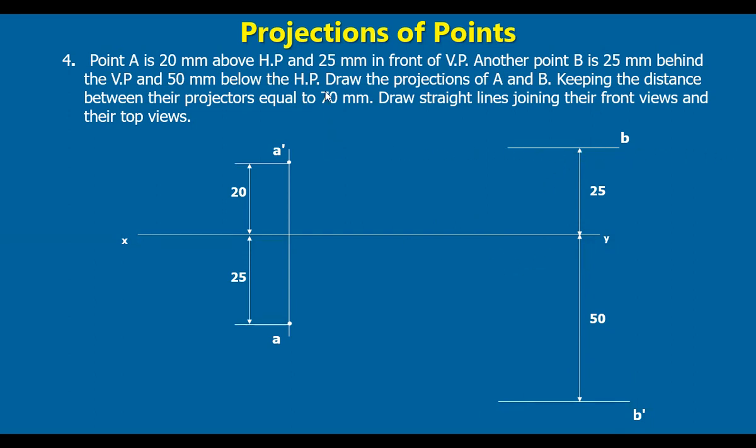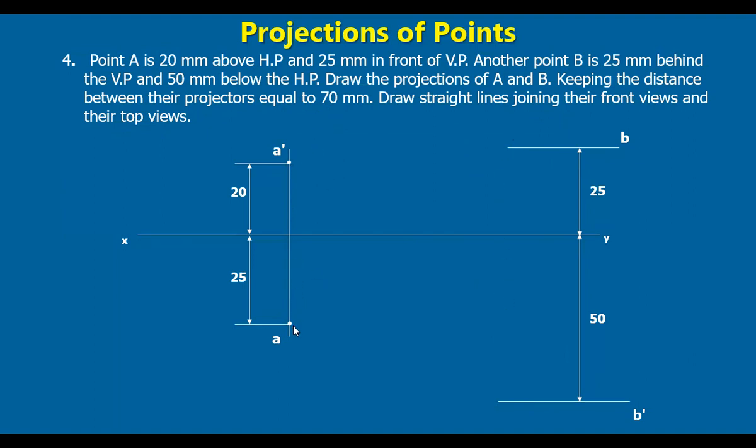Now let us draw the projections of A and B, keeping the distance between their projectors equal to 70 mm. We haven't marked the point B here. We know that it is lying on this line, also on this line. The data given is the distance between their projectors, that is A dash and B dash, which is 70 mm.